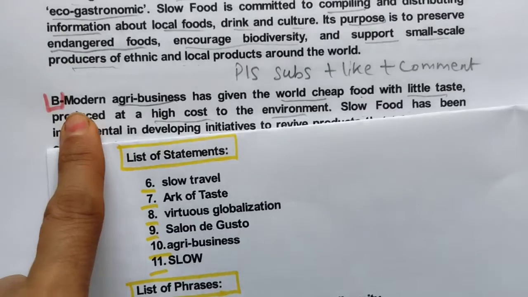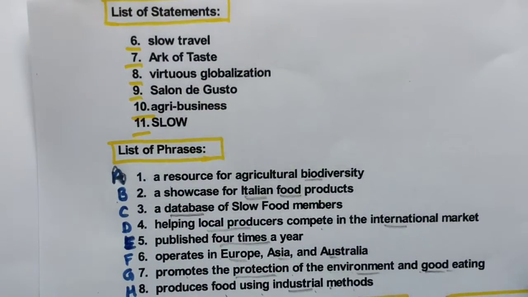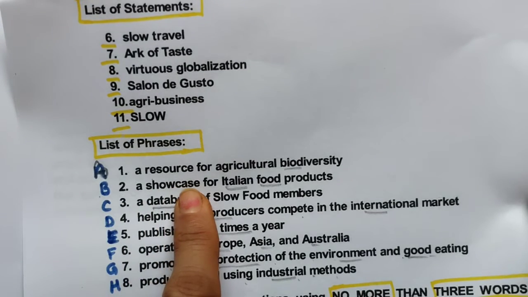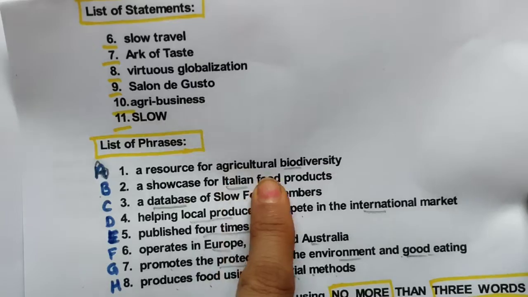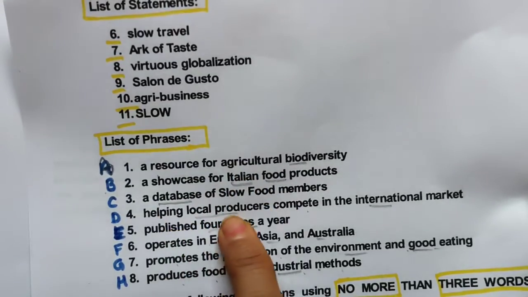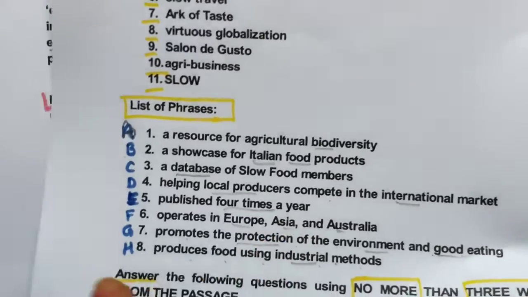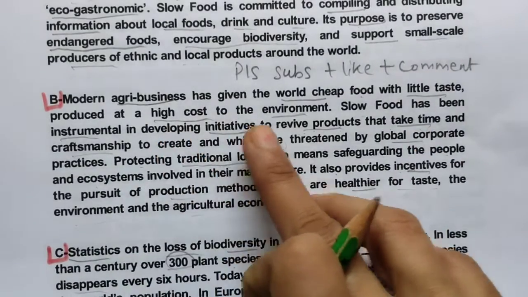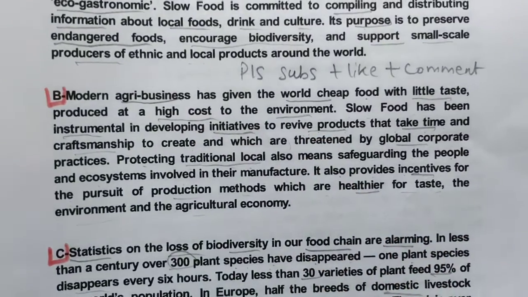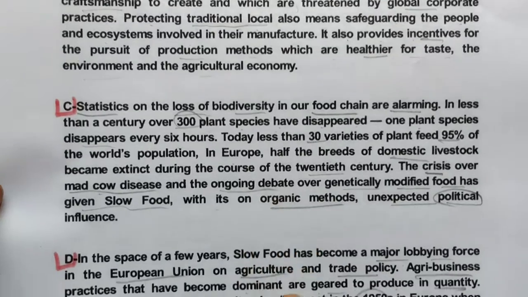But this is modern agribusiness. See this, can you match it? No. Environment, high cost, little taste, produced at a high cost to the environment. Okay, let's find other words here. Crisis, no, nothing is there.